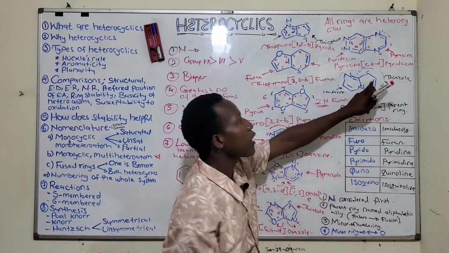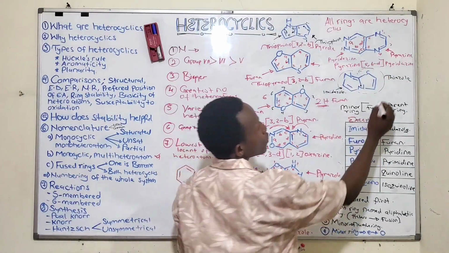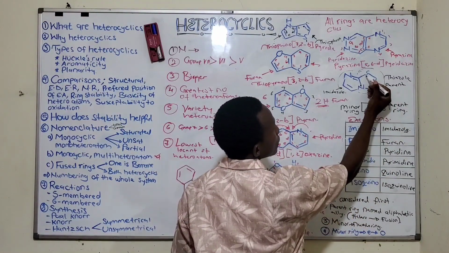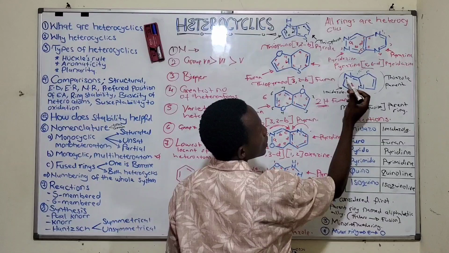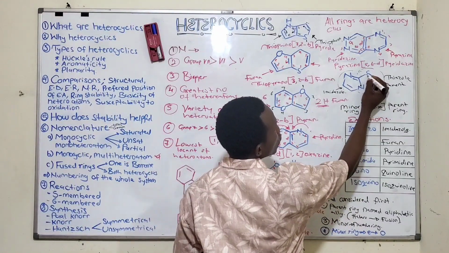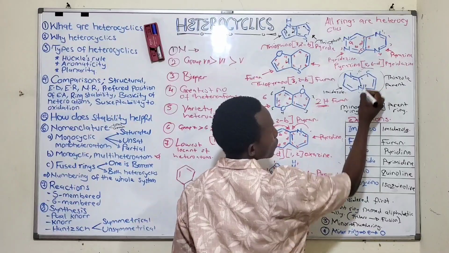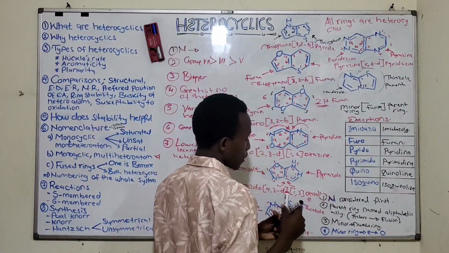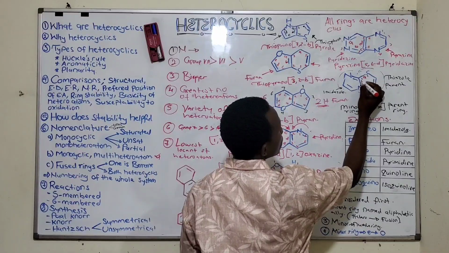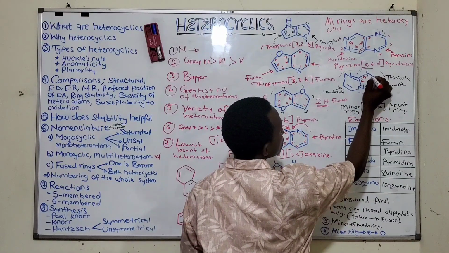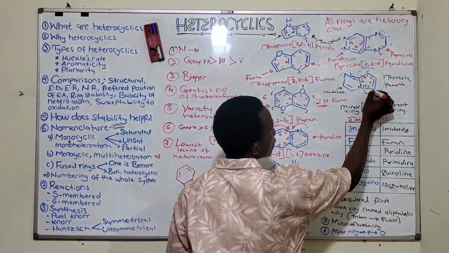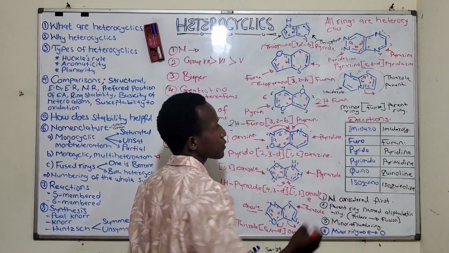therefore, this one will be having variety. So this one will be taken as a parent structure because it has variety. It has sulfur and nitrogen. This one is having nitrogen and nitrogen. So this one will be position 1, 2, 3. Therefore, the faces for the parent structure will be A, B, C, D, and E towards that direction.